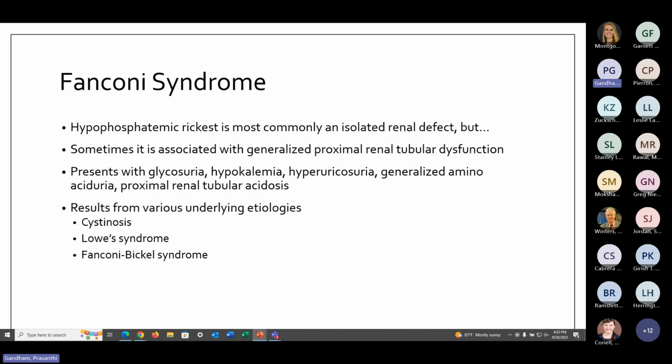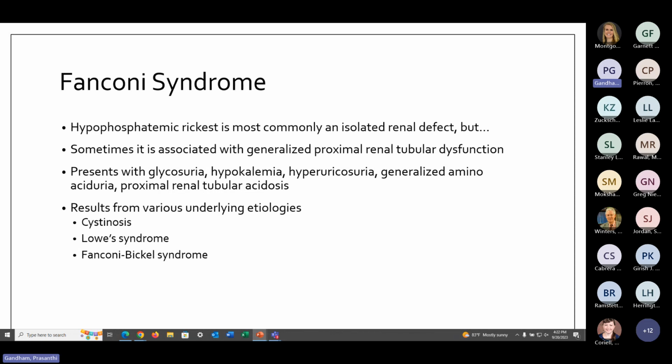Even though hypophosphatemic rickets is most commonly due to an isolated renal defect, it can sometimes be associated with more generalized proximal renal tubular dysfunction. So Fanconi syndrome presents not only with renal phosphate wasting, but you can also have glycosuria, hypokalemia, hyperuricosuria, generalized aminoaciduria, and proximal renal tubular acidosis.